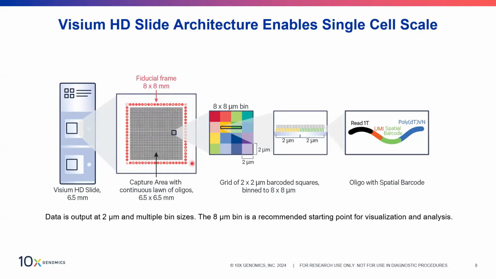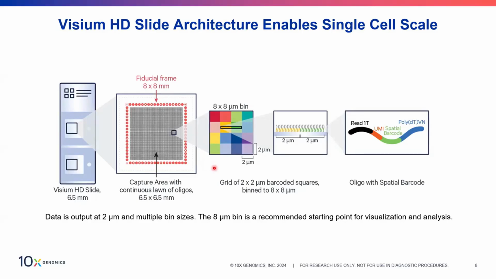If you are familiar with the first version of Visium, you know what a fiducial frame is, but you will also see that it looks much different compared to this. This frame is necessary to be able to locate your transcripts on the tissue itself.